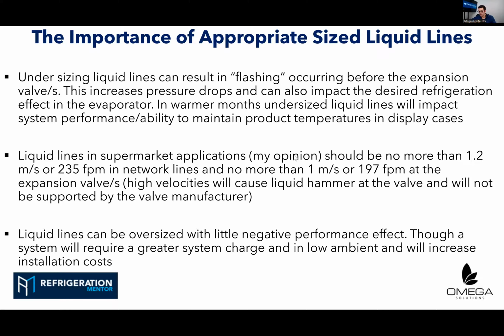So they went and did 5/8 lines everywhere throughout this building. But some of the systems only needed a 1/4 inch line, and they started running into issues because the liquid line was too big. I didn't know the full story and I didn't follow up with it, but it triggered my mind.